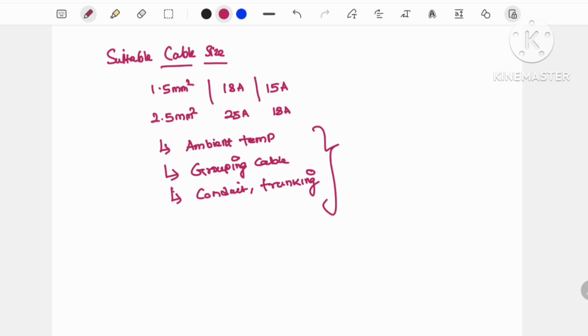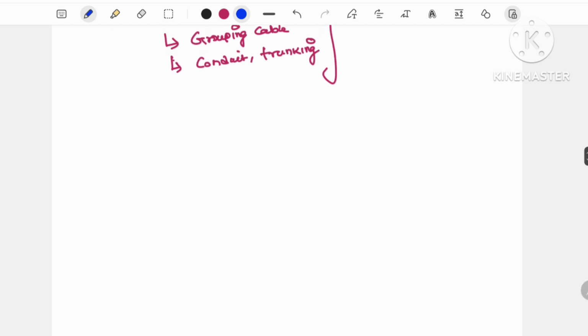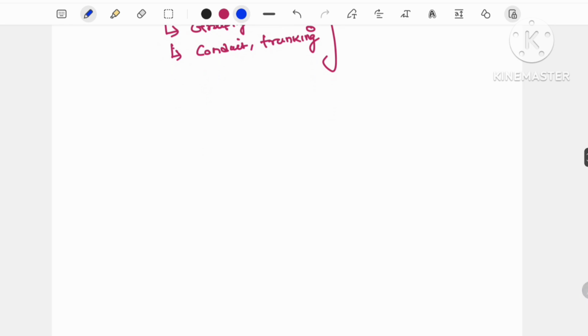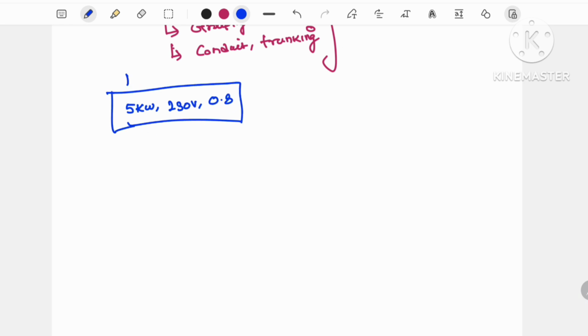So now we are going to discuss the example calculation. We have a single phase motor, 5 kilowatt, 230 volt, and power factor 0.8. This is the example, right? Now we are going to calculate which cable is suitable for this single phase motor. We already discussed the formula, right?